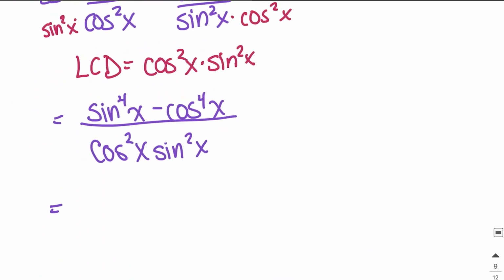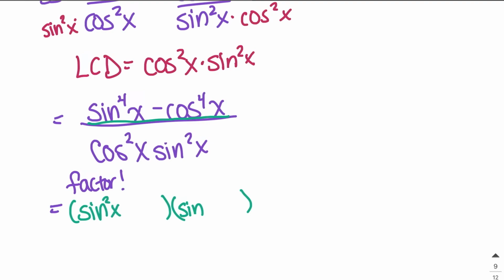So right here, I'm going to factor. How do I know I can factor? Because when I look at this right here, I see a difference of perfect squares. I see two terms, I see subtraction, and I see expressions that are perfect squares. So I'm going to factor my numerator right here. First of all, I'm going to have brackets here.